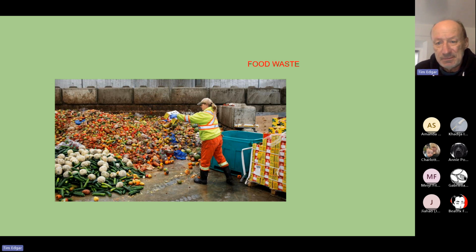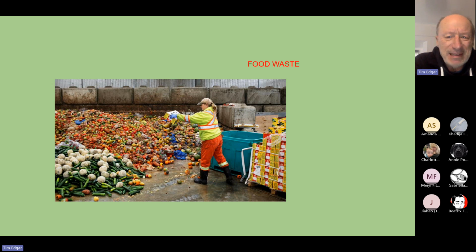So that's a big one, isn't it? And just a few facts about that. A third of the food intended for human consumption is wasted or lost. It's difficult stuff, isn't it, this, to take on board.